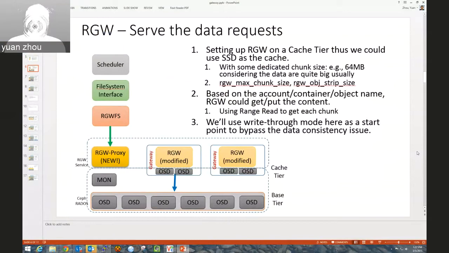The second step is, following the RESTful interface, RGW could try to get or put the content based on account, container, and object name. So in the first design, we intend to use range read requests to get each chunk or block.